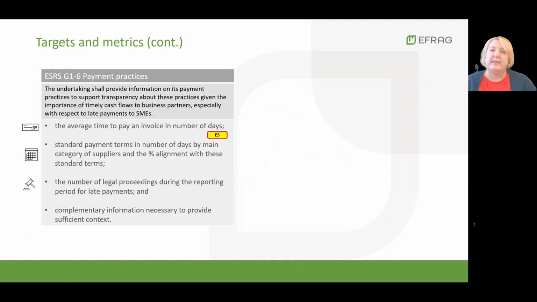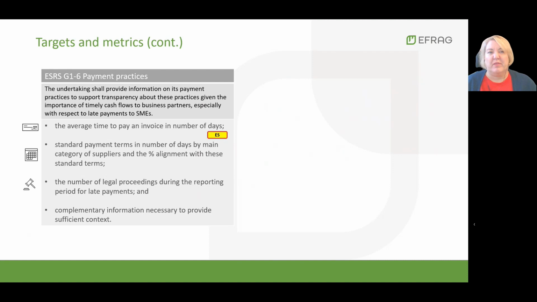Here, it would be a good idea to provide additional information, like saying, in this country, the general payment terms are 180 days or whatever the case may be, and explain how that average number does not reflect what you think people should understand about your approach to payment practices. Again, we provide some simplistic examples of how you can disclose this.